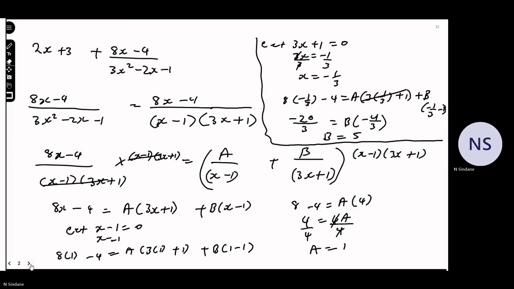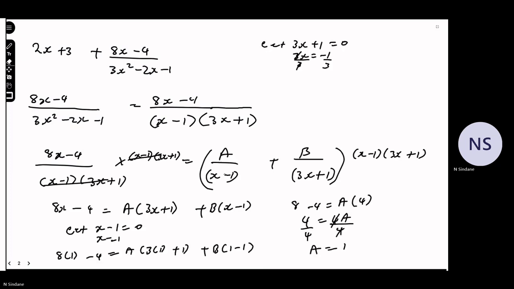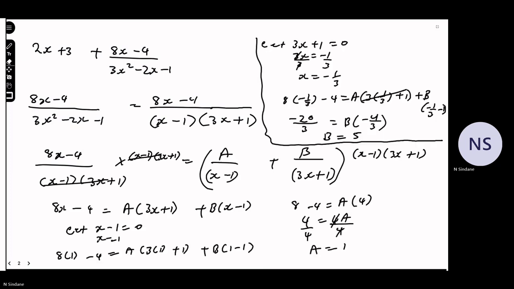Now let's rewrite everything. I have 2x plus 3, plus a over x minus 1 plus b over 3x plus 1.